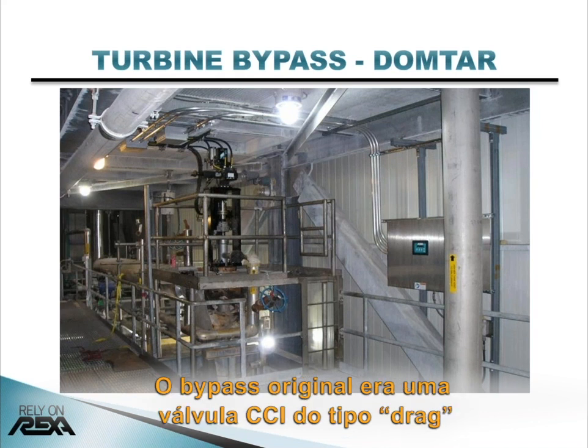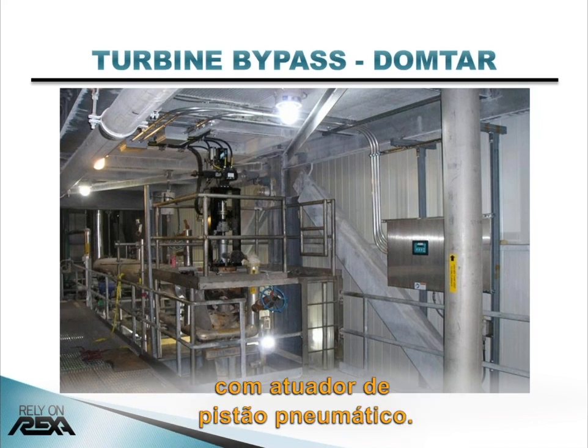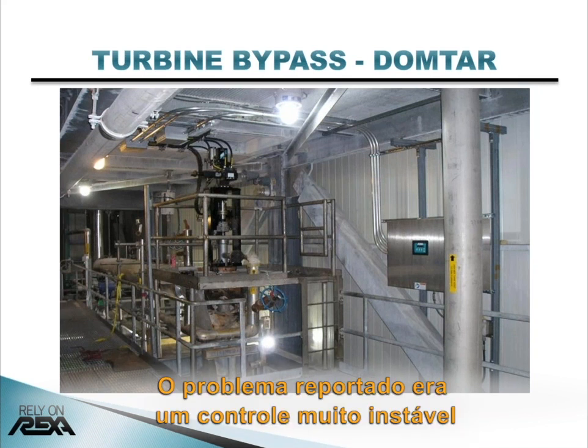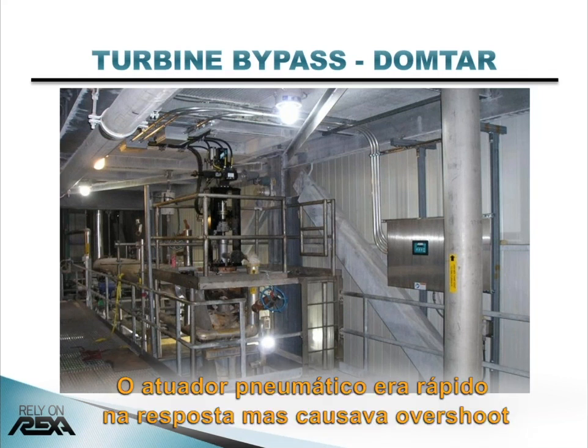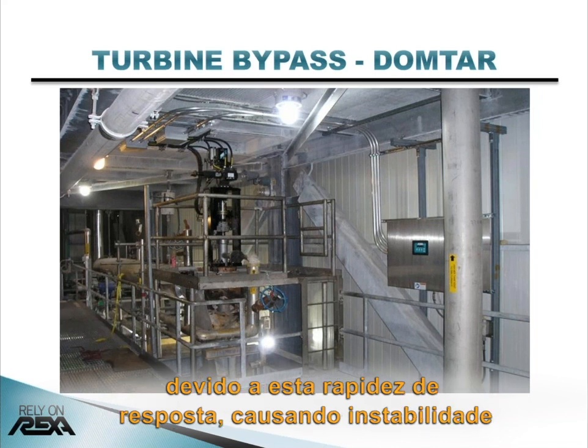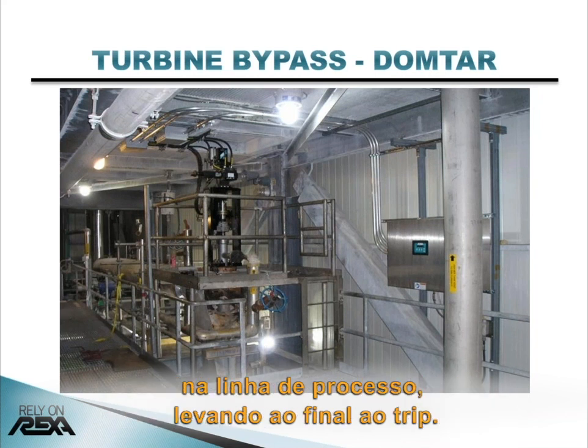The original bypass was a CCI drag valve with pneumatic piston operator. The reported problem was very unstable control when the turbine went into a load shed or trip condition. The pneumatic actuator was fast to respond, but would overshoot due to the rapid response, causing instability in the process line, ultimately leading to a trip.